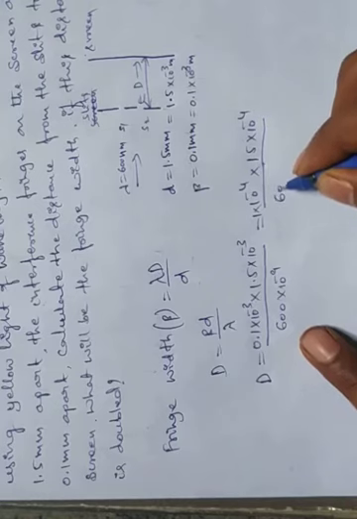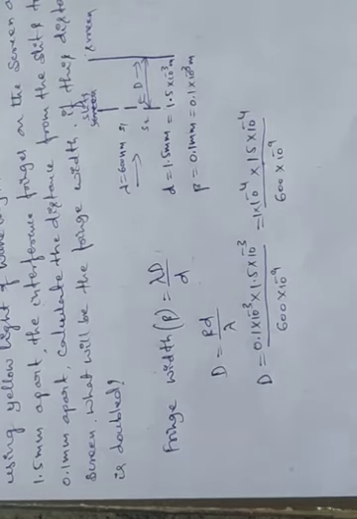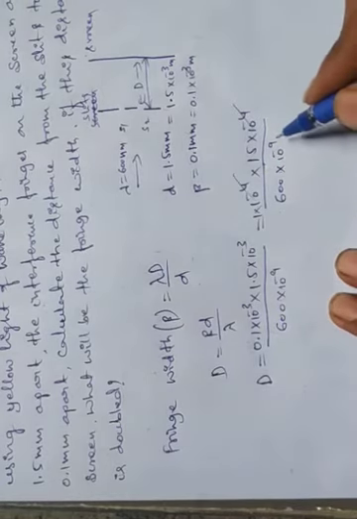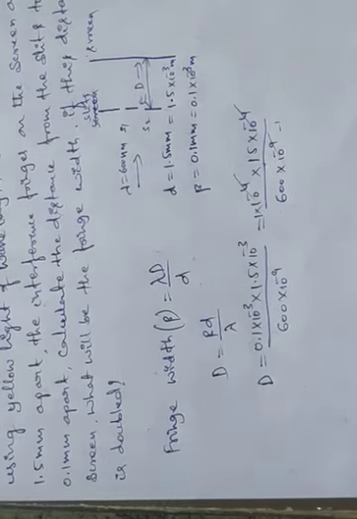Now divide. 10 power minus 4 and 10 power minus 4 make 10 power minus 8, with 10 power minus 9 below, so on cancelling, 10 power minus 1 remains.